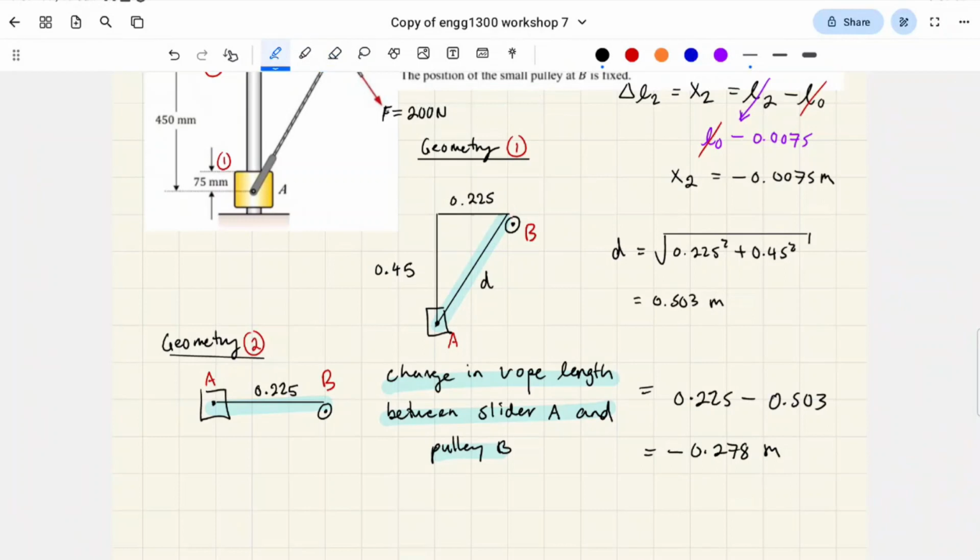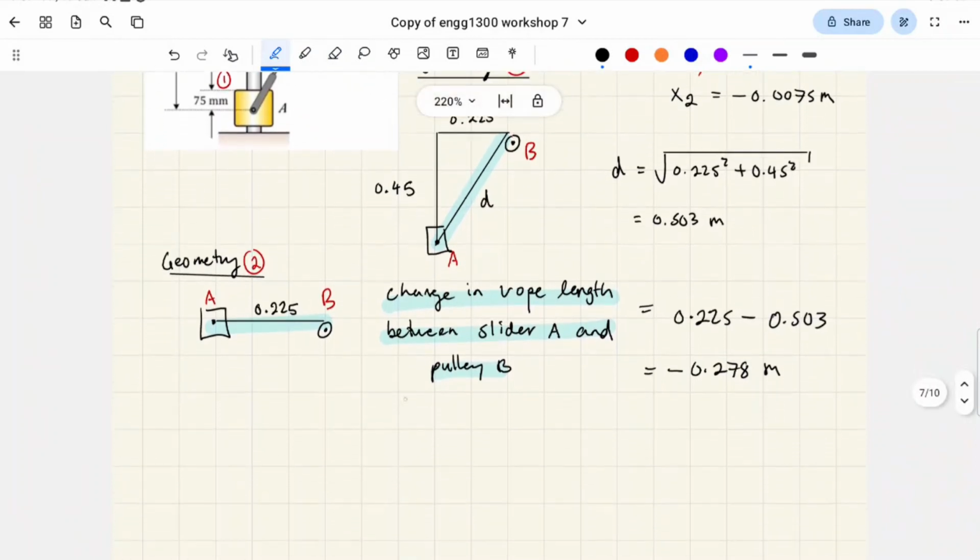But why I had such a long sentence to describe what I was talking about is because in the formula I mentioned earlier, S for your work part of the equation is going to be the rope that's been moved.